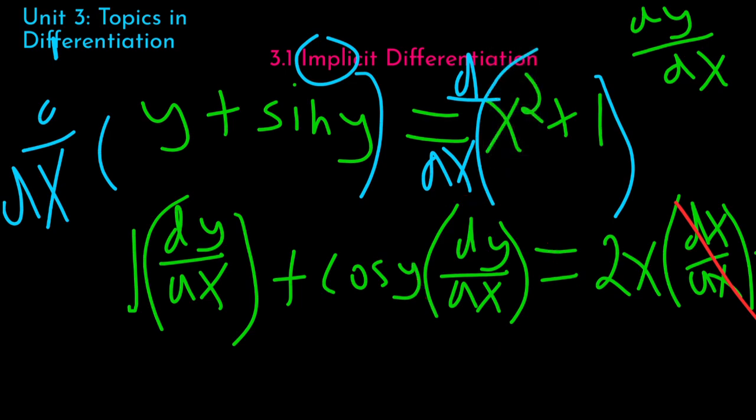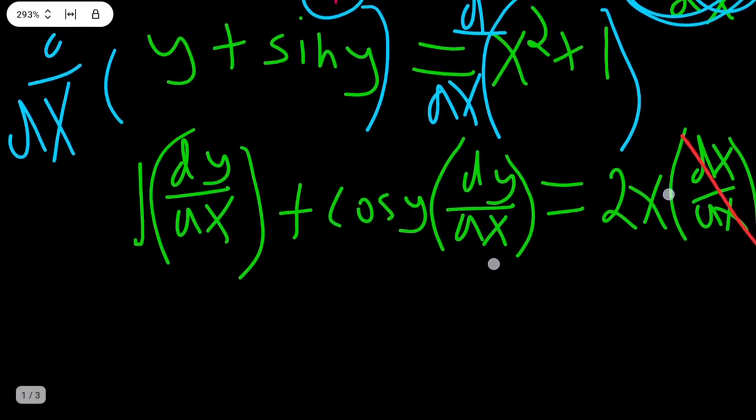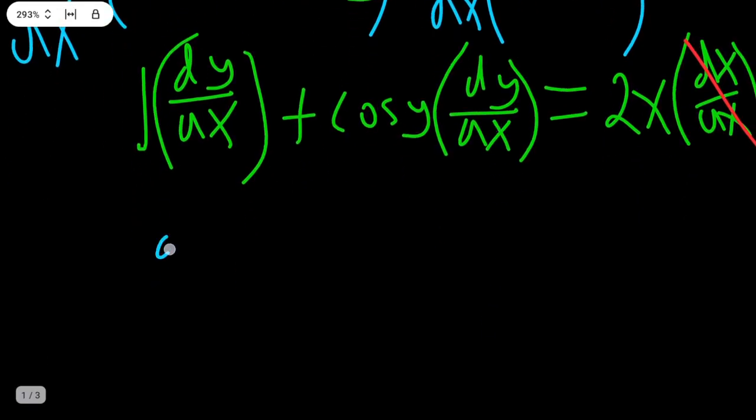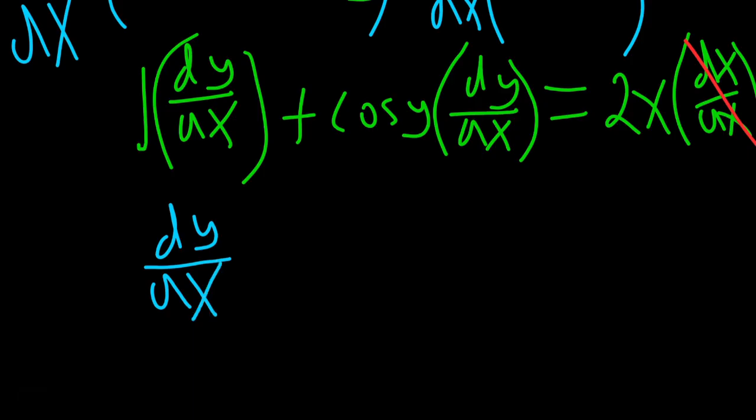And since I asked you to find this, you're going to have to figure out how to isolate dy over dx. You can pause the video and try it, but now I'm going to hop straight to it. This is going to become factored out dy over dx. So then we can isolate it finally.